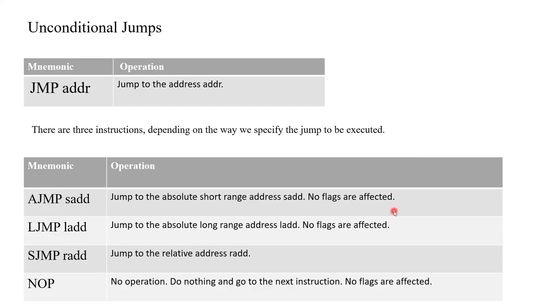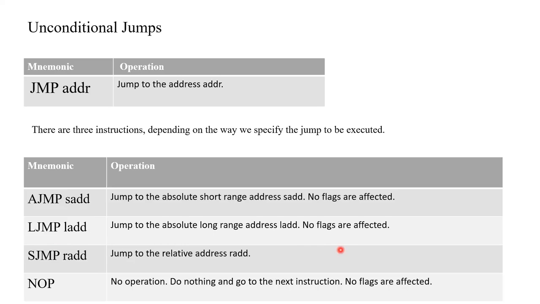Similarly, we have LJMP LADD. It says jump to the absolute long range address LADD, no flags are affected. With the help of these JMP instructions, there is no impact to the flags.